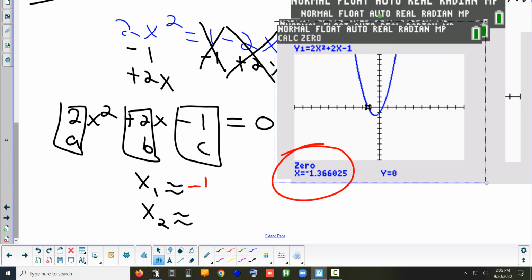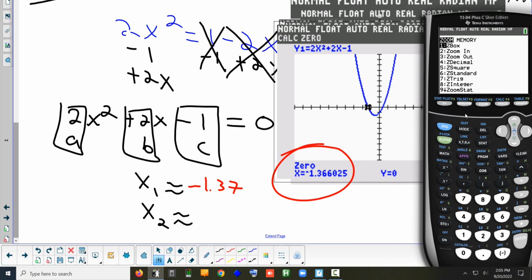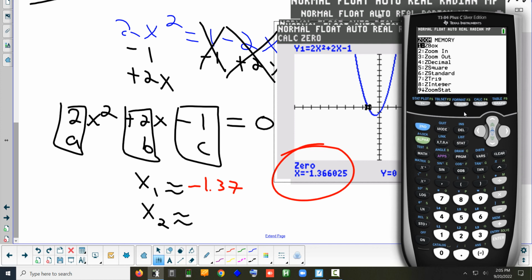All right. So if you're not sure how we did it, we're going to do it again. Can somebody walk me through how I would find the other zero? What do I have to do? Yep, you hit second calc, and then 2. Got it.